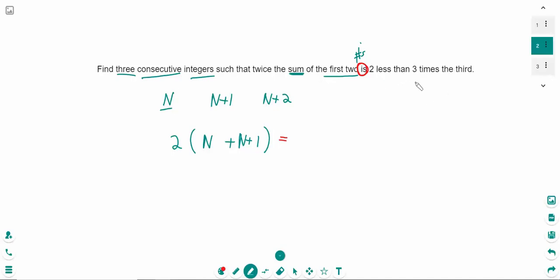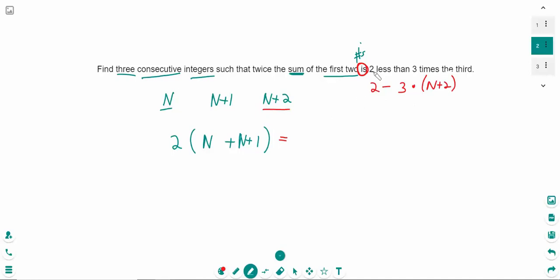So we have to be careful here. It's not 2 minus 3 times the third, even though you might be tempted to write it in your head or on paper like this. And this third, by the way, would be what? It's the third number. So we could think of that third as this one, the third number, n plus 2.